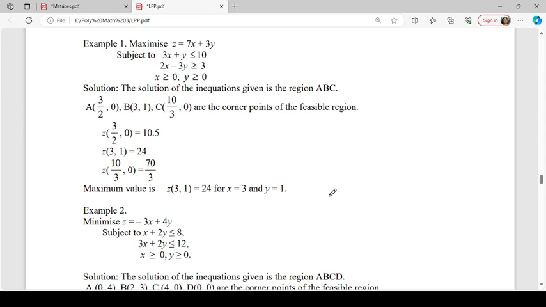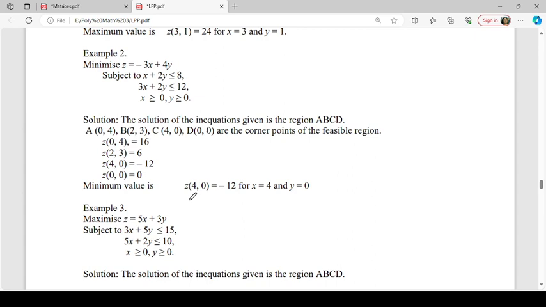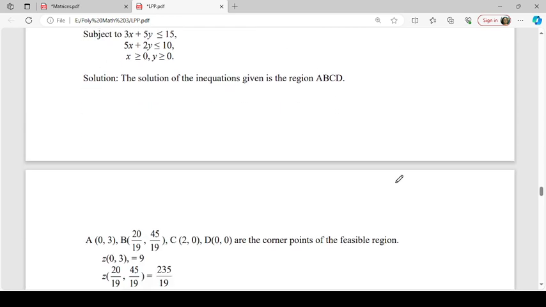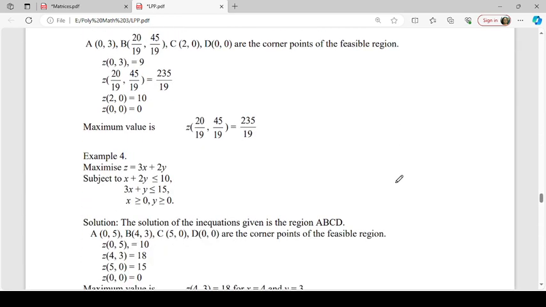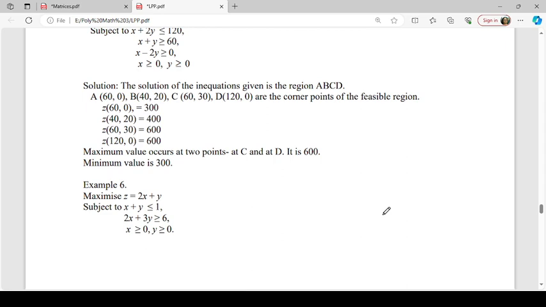Then this is another example. This is one example. So very simple things, these are very simple. You can check it.